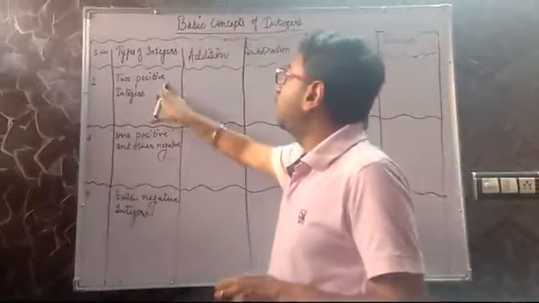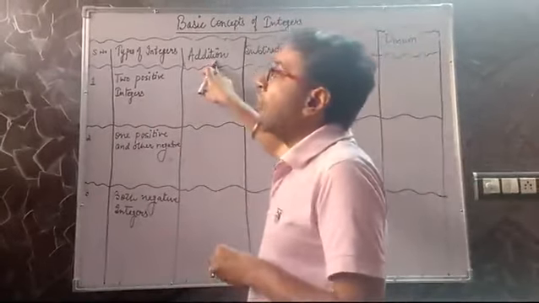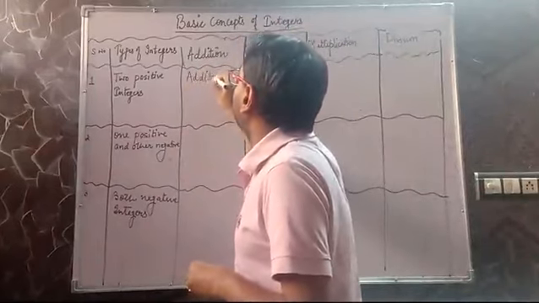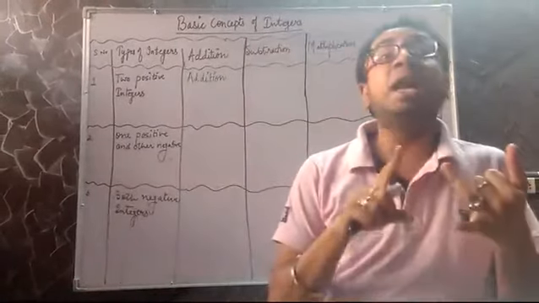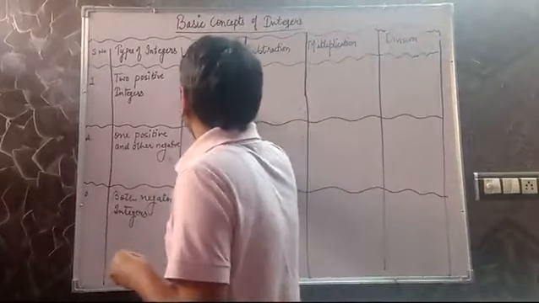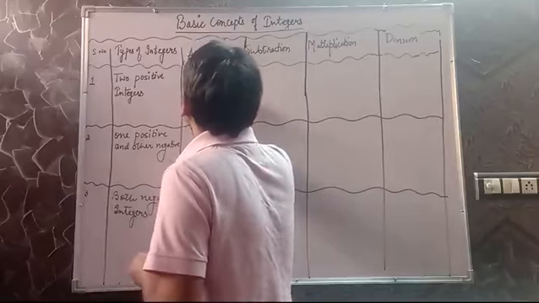If we have two positive integers, do remember, if we need to add them, we will always add them. Addition is always there. If two integers are positive, they are always added. For example, if plus 2 is added with plus 3, what is the answer?